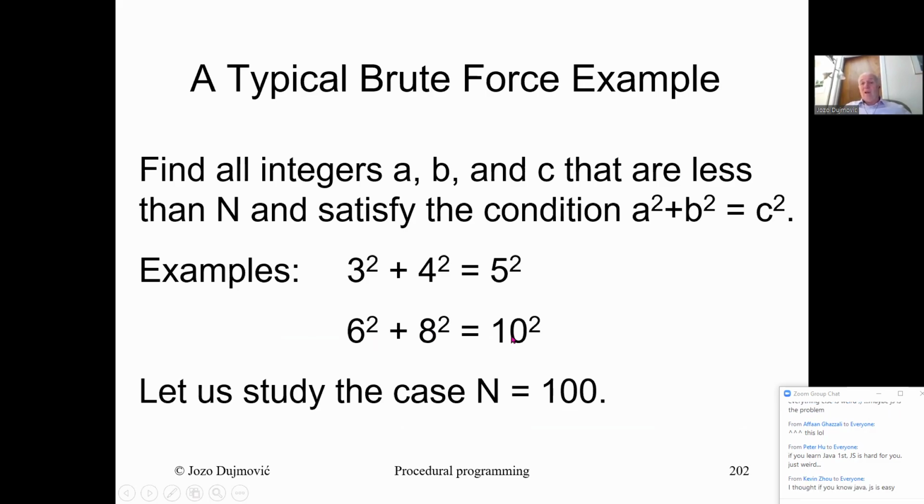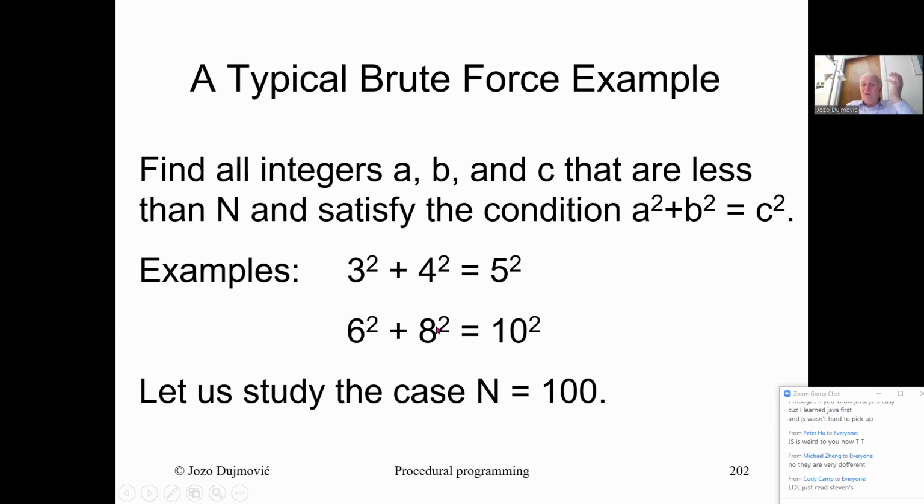The assignment that I gave on the exam was to write a program that will tell you all these values A, B, and C that are less than 100, with integer sizes.